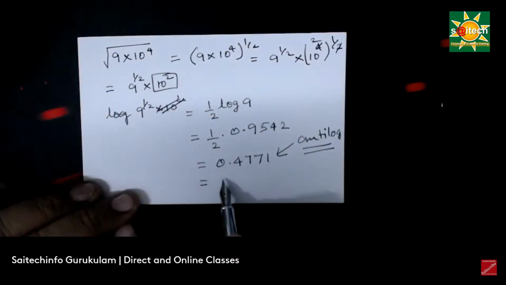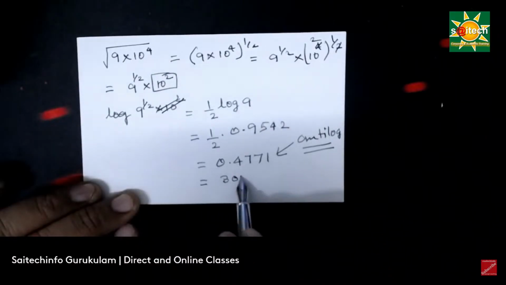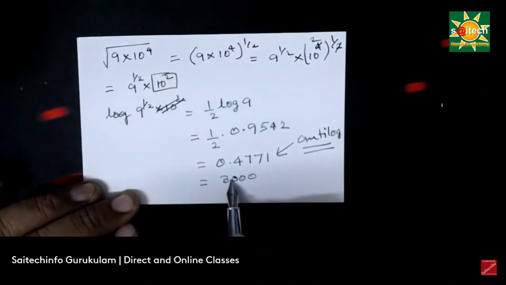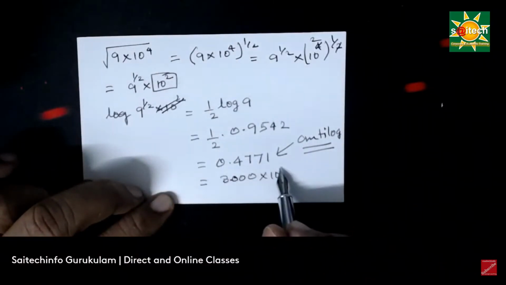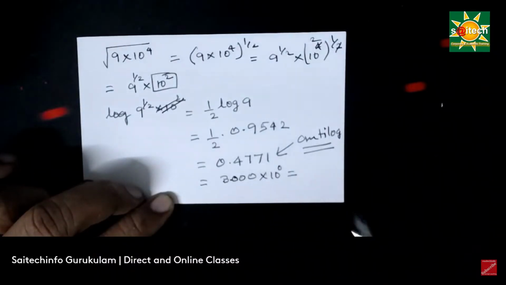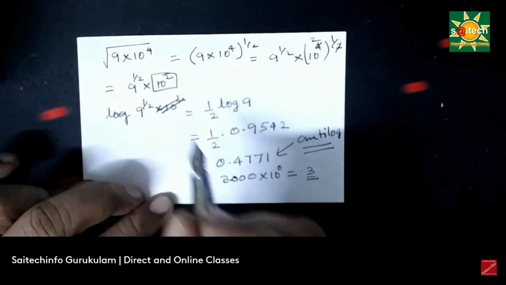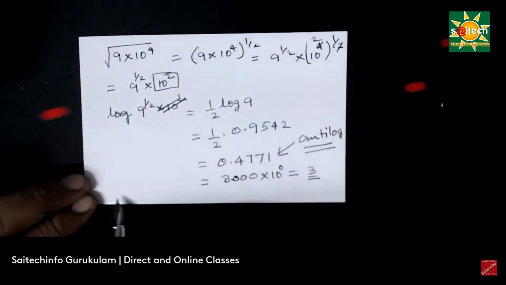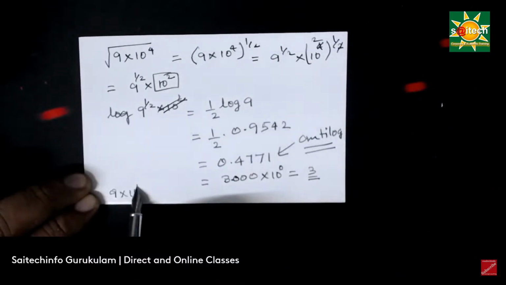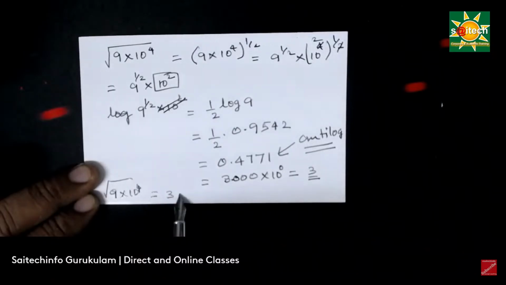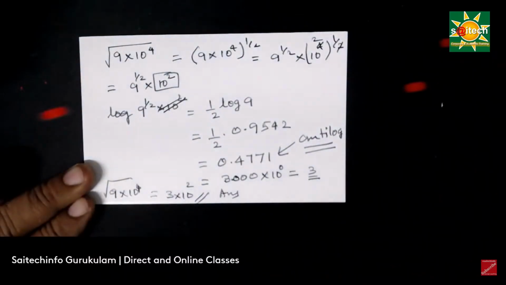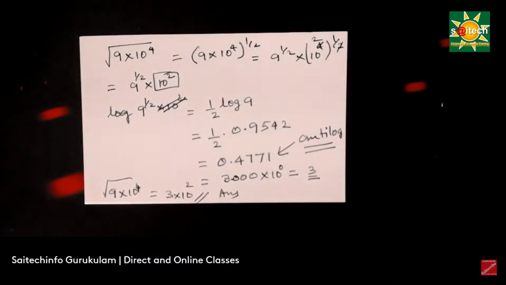So you have this 3000, and what you are supposed to do, take the single digit and into 10 power 0. 10 power 0 is nothing but 1, therefore 3 is the answer. Now you have already got 10 squared, so you have to include that. Therefore square root of 9 into 10 power 4 is equal to 3 into 10 power 2. So this is the final answer. Got it? Okay.